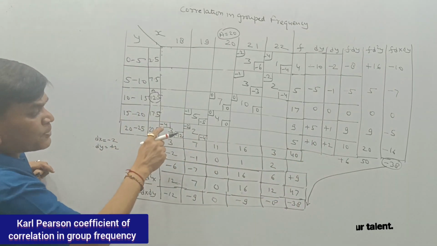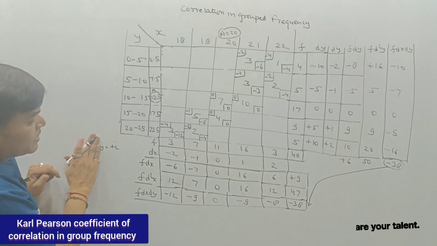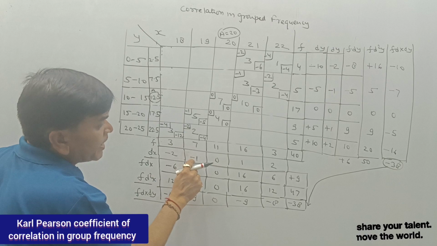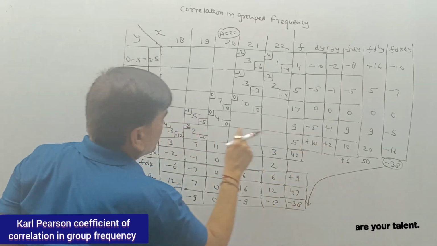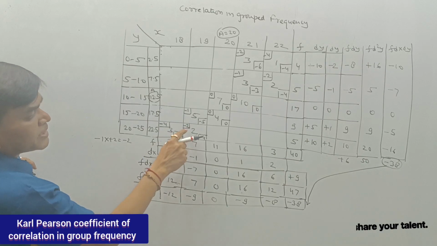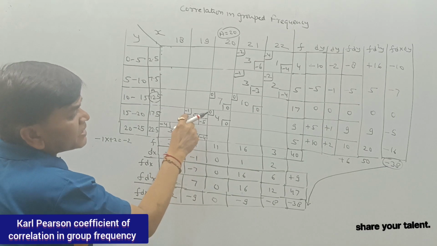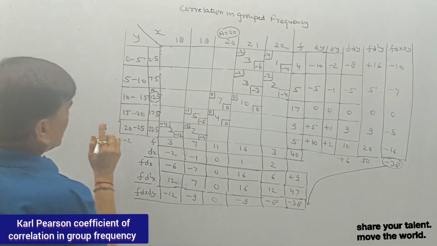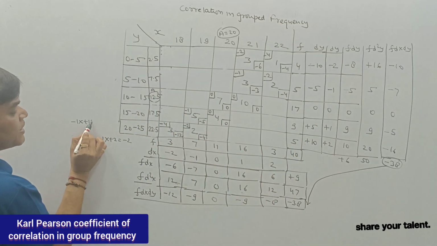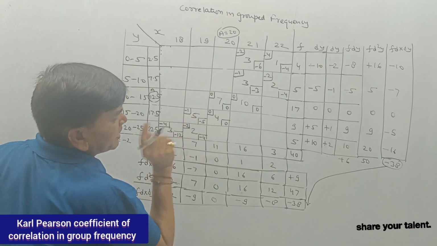So this is minus 4. Minus 4 multiplied by 3 is minus 12. Okay. Next one, this is minus 1 and this is plus 2. So minus 1 multiplied by plus 2, that is minus 2, and 2 times 2 is 4. Here 5 is there. Here minus 1, here plus 1. So minus 1 multiplied by plus 1, that is minus 1. Minus 1 multiplied by 5, that is minus 5.